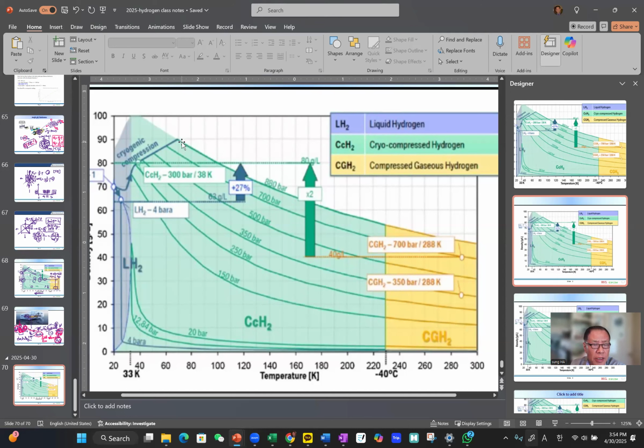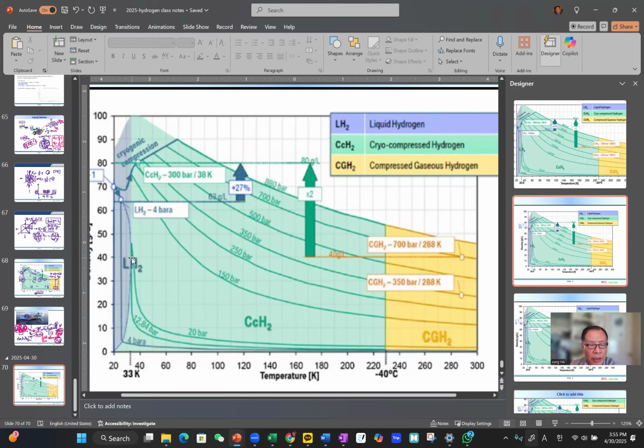So practically, we keep the pressure lower than 300, and the temperature a little higher than minus 253. So again, as a conclusion, the CGH2, just a regular compressed hydrogen tank, is being well developed and well used.